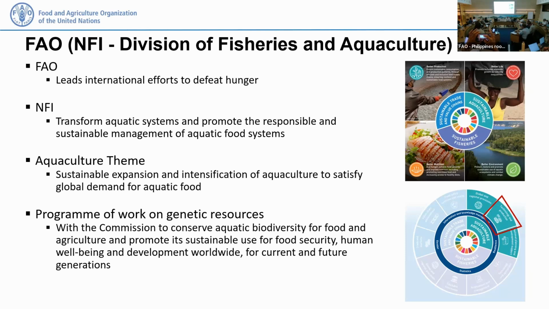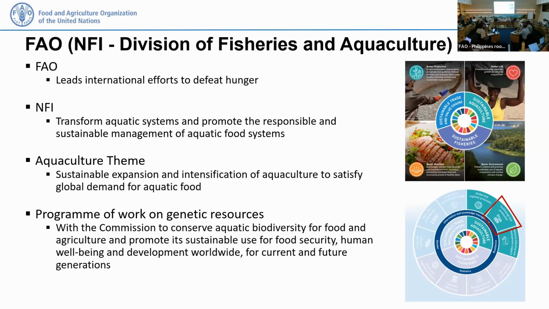Within the aquaculture thematic area, and you heard yesterday from our Deputy Director, Xinhua Yuan, about the work we do, my role is specifically to lead the team on production and technology issues. But in the case of genetic resources, we work very closely with the Commission on Genetic Resources for Food and Agriculture, which is another FAO body based in another division.